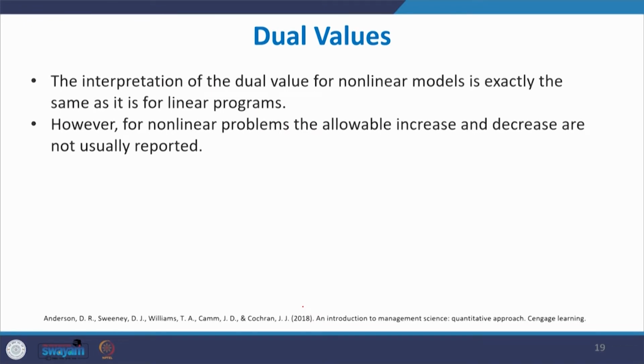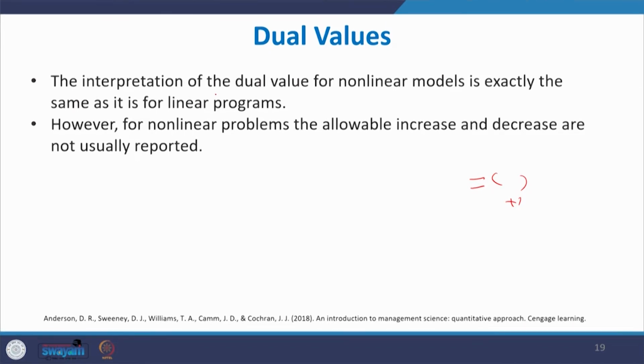The next topic is the interpretation of dual value in nonlinear problems. So, what is the dual value? If the right hand side of a constraint is increased by 1 unit, what is the corresponding effect on our objective function? In the nonlinear programming context also the interpretation is the same.